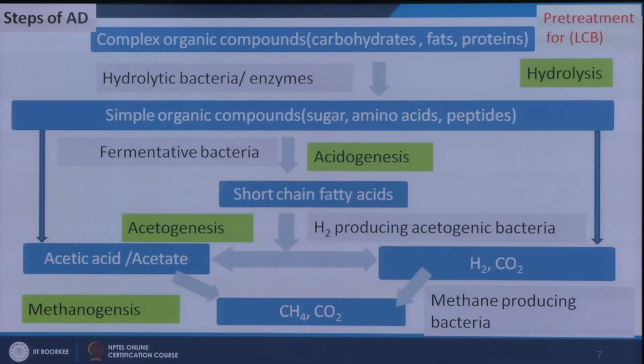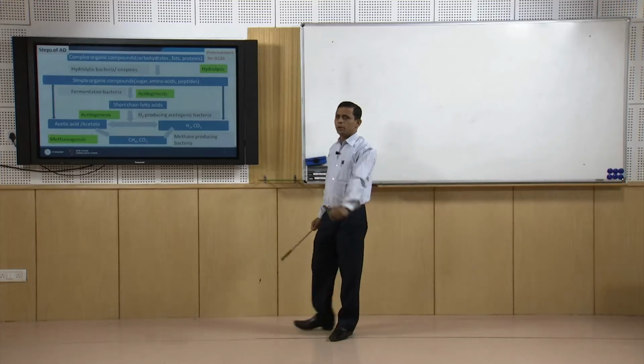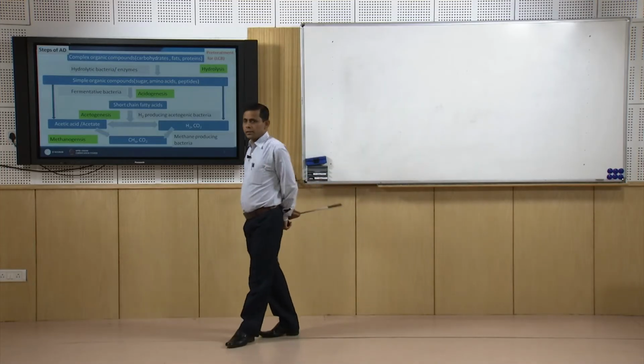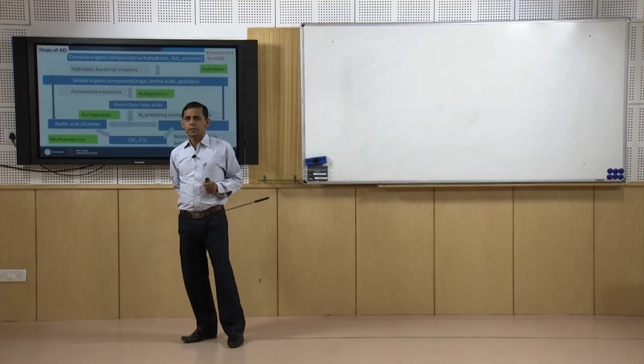Now, we will see the different steps which are responsible for the whole process of anaerobic digestion. If we think about the organic compounds present in it, those are complex in nature.